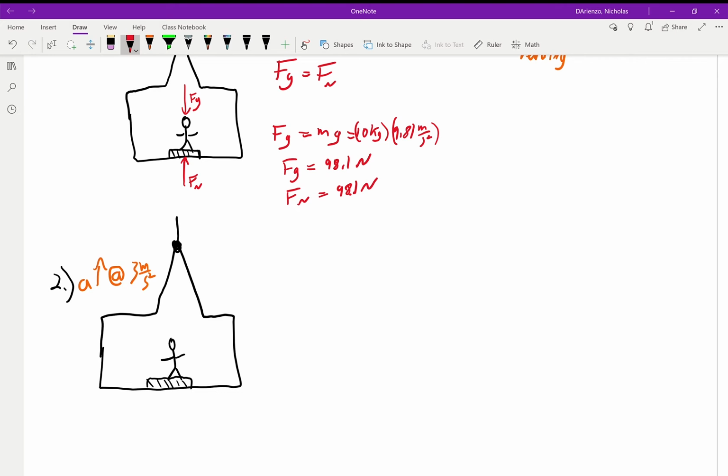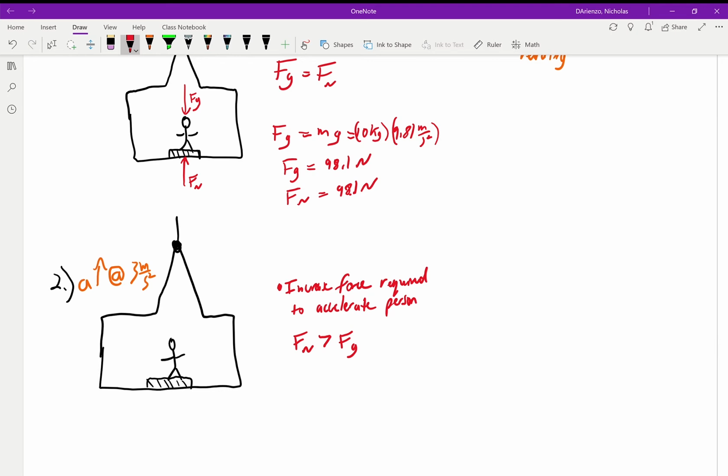But if we want to accelerate the elevator, the scale, and the person upwards, we're going to have to increase that force. So we need an increased force that's required to accelerate the person, which means that the normal force has to be greater than the weight of the person.